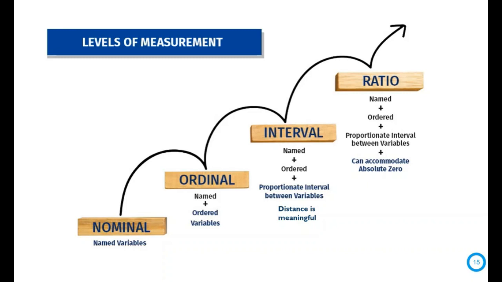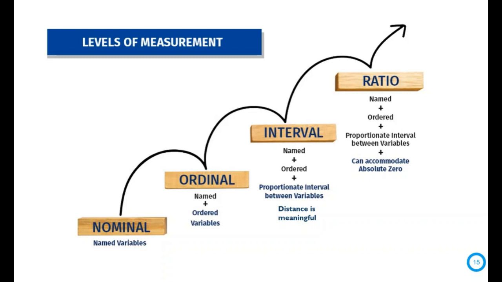Interval scales are numeric scales in which we know both the order and also the exact differences between the values. For example, temperature. Let's say the temperature is 10 degrees or maybe 0 degrees. We know that the difference between these two responses is 10 degrees. But in interval scales, we do not have a true zero.